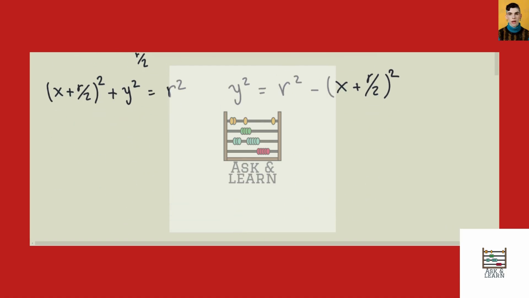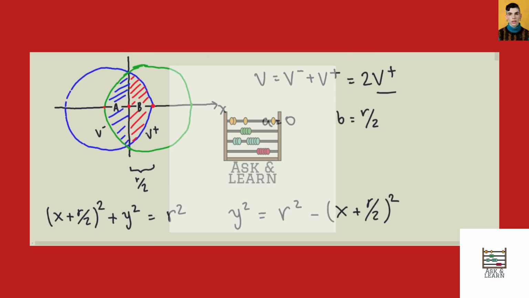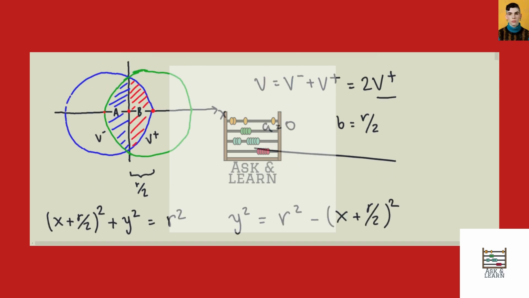And with this, we can simply obtain the volume B plus, because it is defined as the integral from 0 to r over 2. Those are the endpoints that we set here.